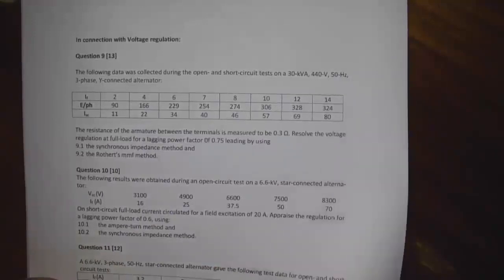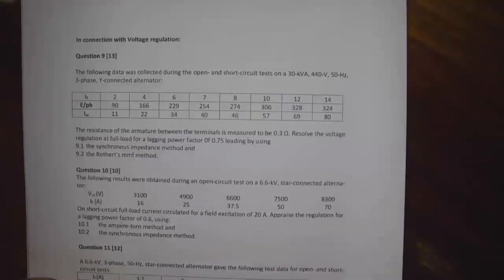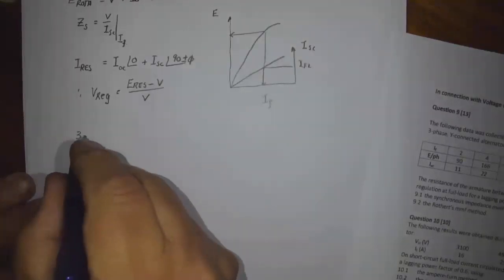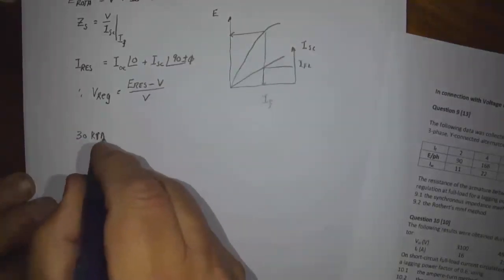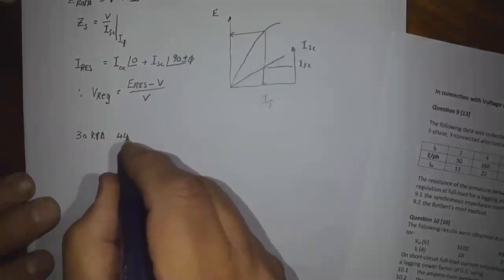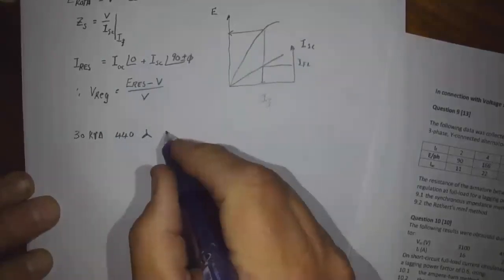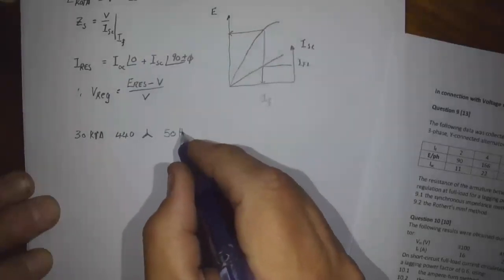Right, let's look at that. So now we know it's a 30 kVA, 440 volt star connected. We are always working with that.